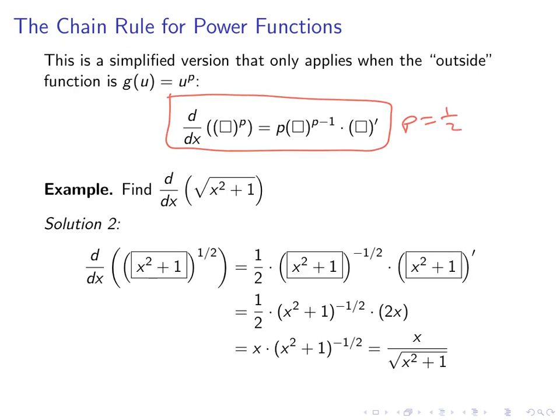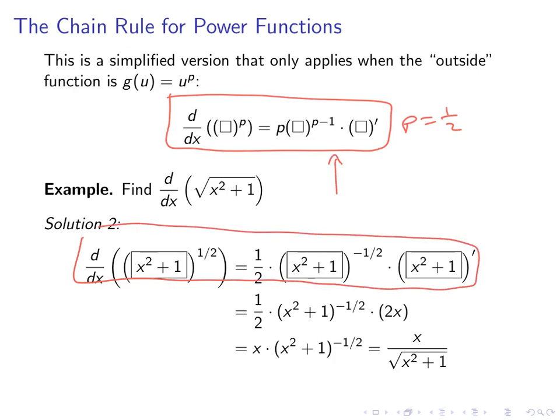I'm going to write down exactly what that says, but I'm going to fill in each box with the inside function, the x squared plus 1. And so that's what I have here. These two things are identical, where I've used 1/2 for my power, and I have copied x squared plus 1 into each of the three boxes.